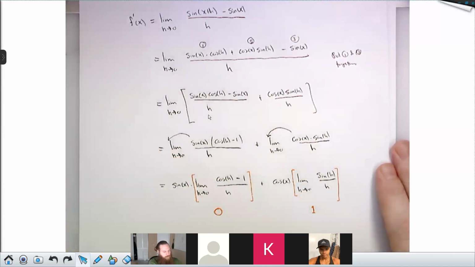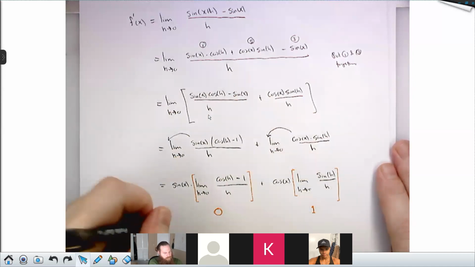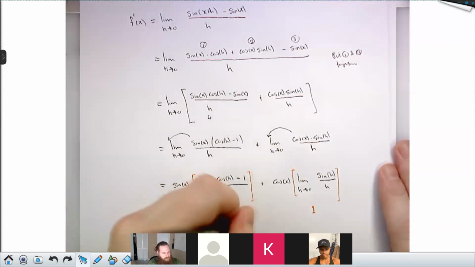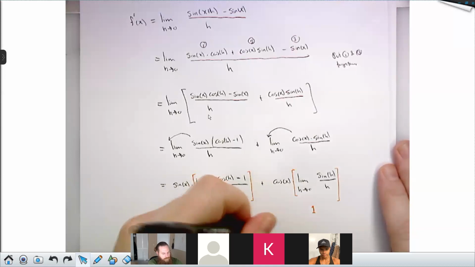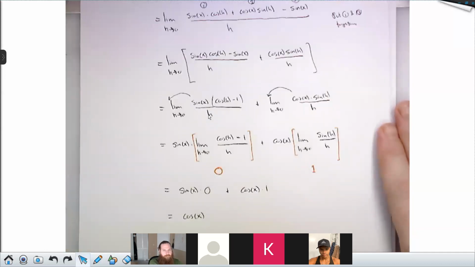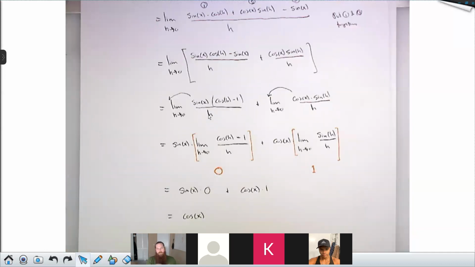So what we're going to end up with out of this is that the derivative of sine is sine x times 0 plus cos x times 1. In other words, the derivative of sine x is cos x. But the details in these limits are genuinely challenging.